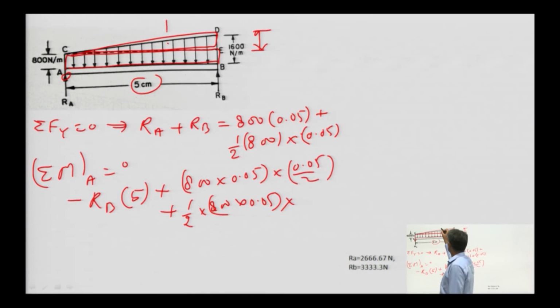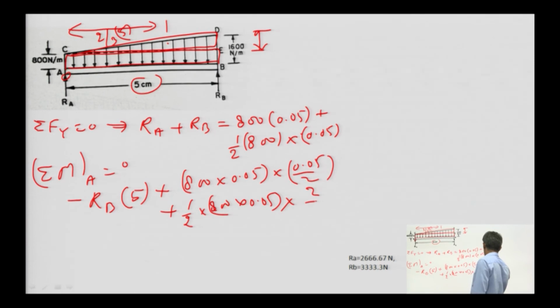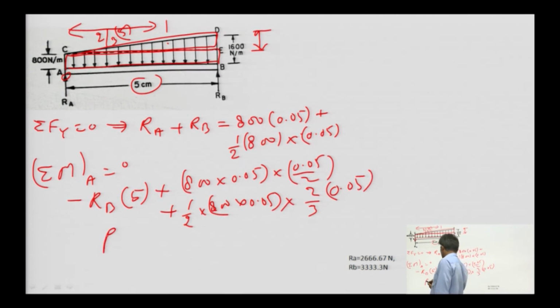What will be the CG? This one, the perpendicular distance will be this. So, it is 2 by 3 into 5 centimeter, so 2 by 3 into 0.05. Here you can calculate the value of RB.